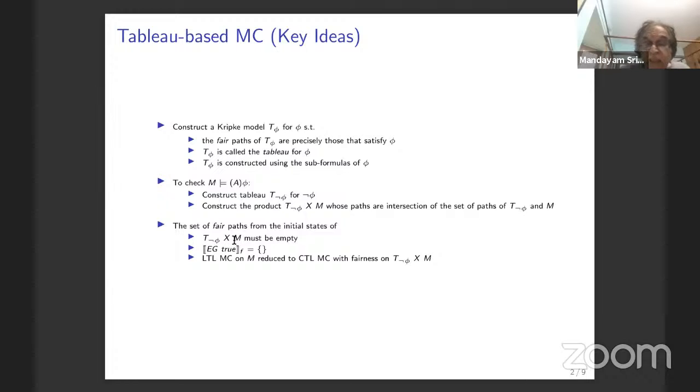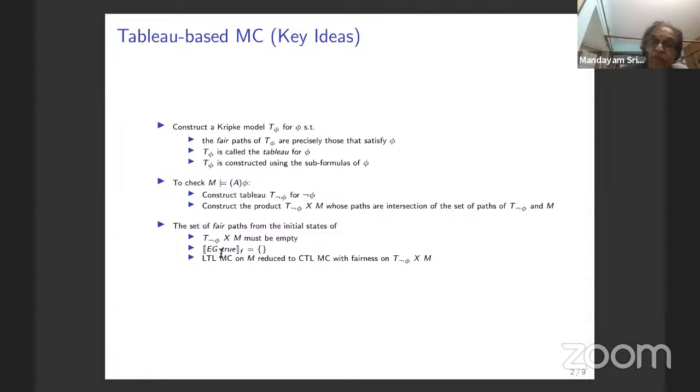And once you construct this product machine, this checking of whether the paths are empty is actually like doing EG of true under the fairness conditions that is defined on T naught phi, which is simply extended to the product machine also.